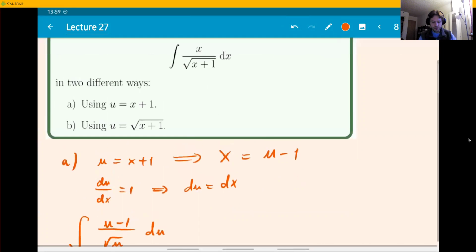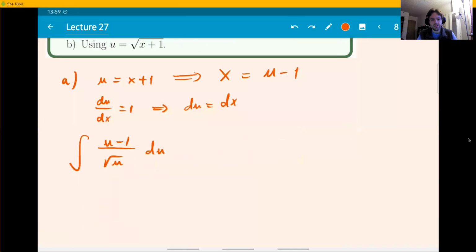Okay, doesn't look like it helped, but it does help tremendously because now the original expression you could not simplify in any way. It's not like you can, for example, distribute out the square root in each one of the two terms, the x and the 1. That's not how it works. But here you can. You have a numerator that is a linear function divided by the same denominator. You're allowed to split this up this way.